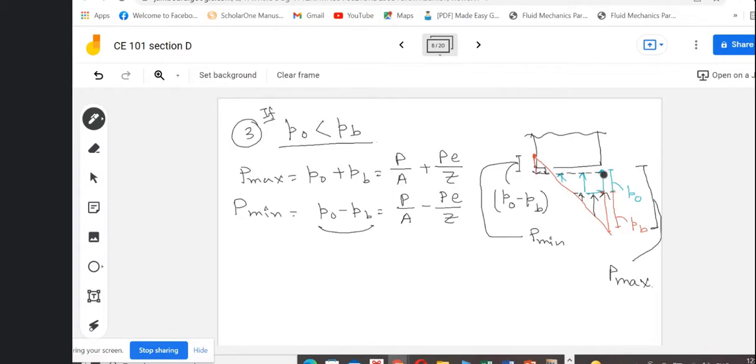Because this portion was in the compressive zone and now is going in the other direction, this small triangle, by this red color and the black one, is nothing but in the tensile zone.